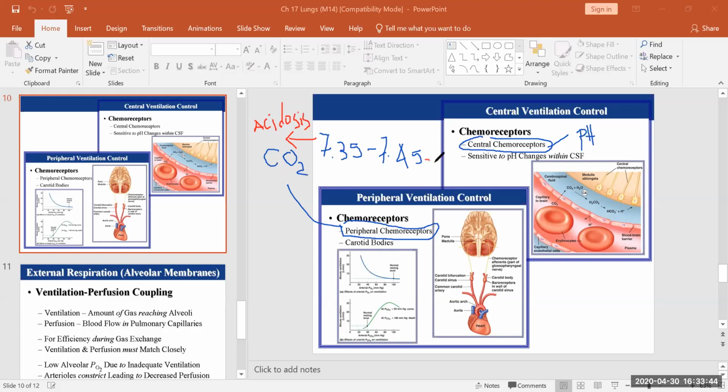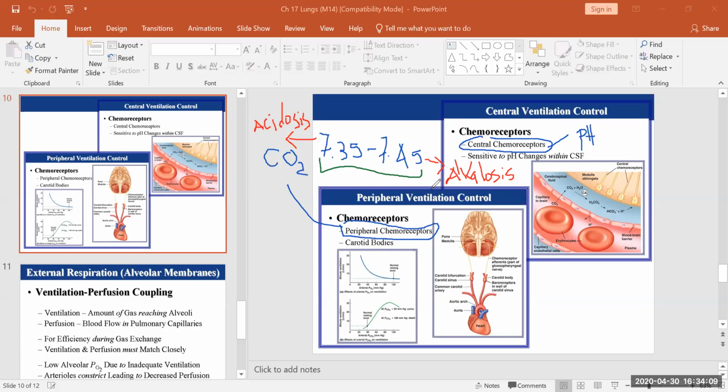And if you go above 7.45, you have alkalosis. Only within this narrow window do we have homeostasis.